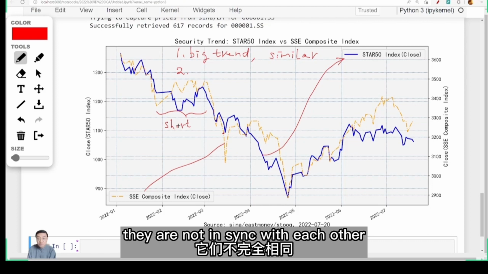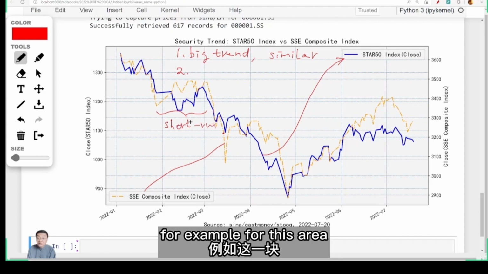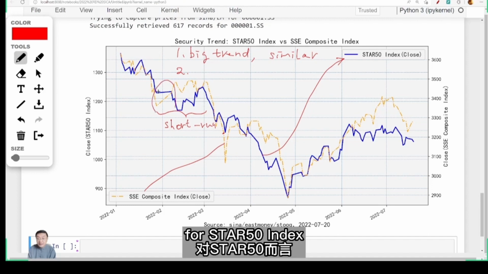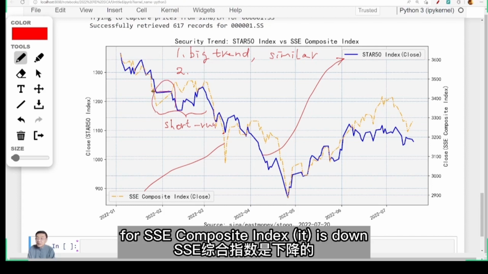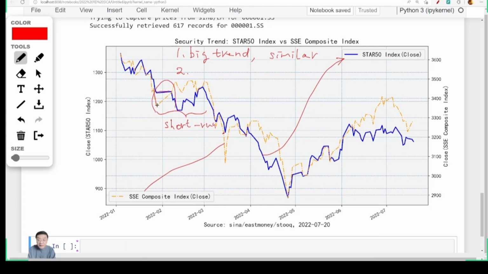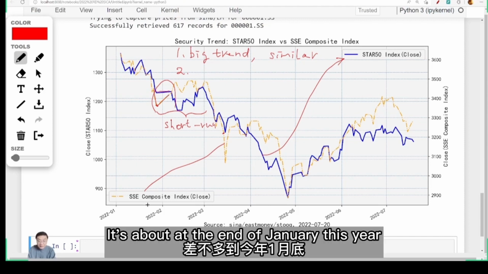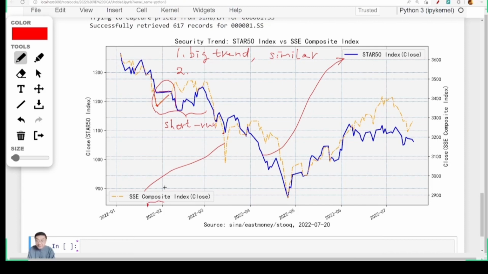They are not in sync with each other. For example, for this area, for the Star 50 index, it's roughly flat. However, for the SSE Composite Index, it's down, then up again. It's about the end of January this year.